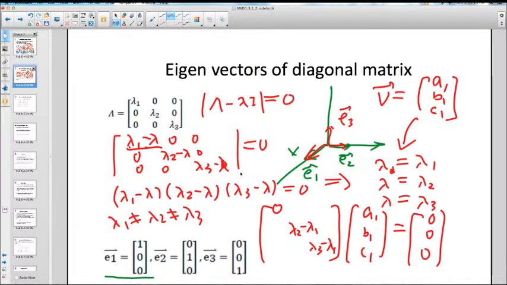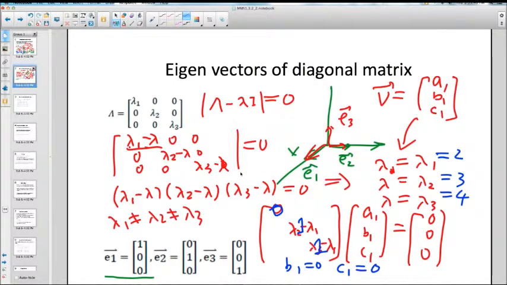If you have trouble, the easy way is to let again lambda 1 equal 2, lambda 2 equal 3, lambda 3 equal 4. That makes it easier. So if this is 0, 3 minus 2 is 1, 4 minus 3 is 1, what do you get? You get B1 equals 0, C1 equals 0.